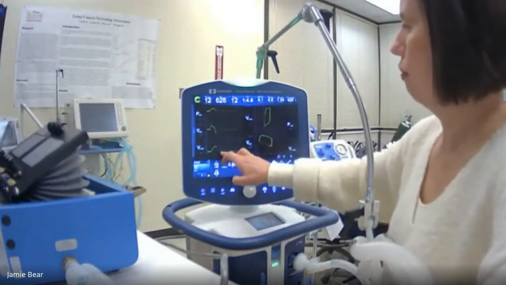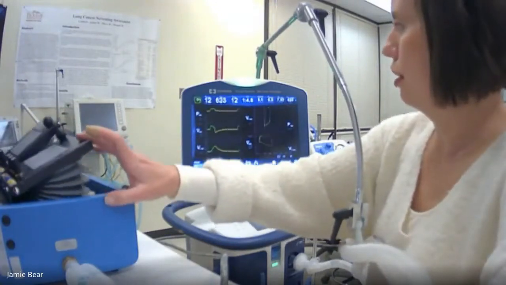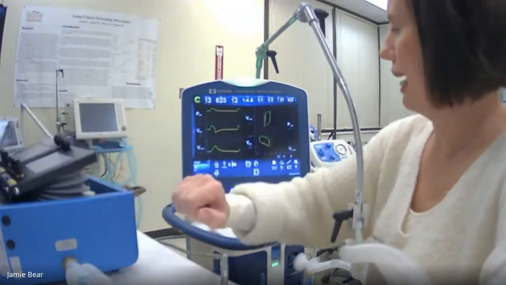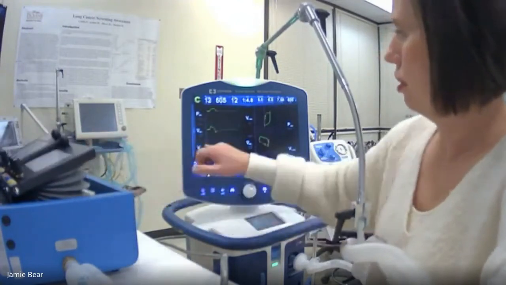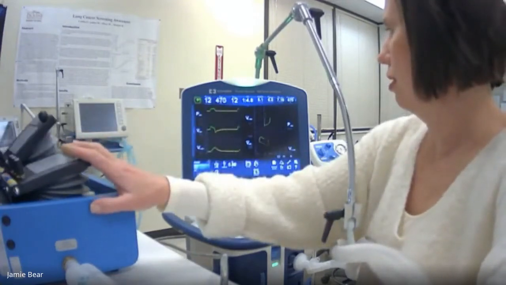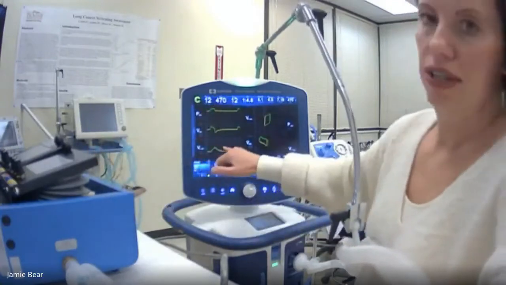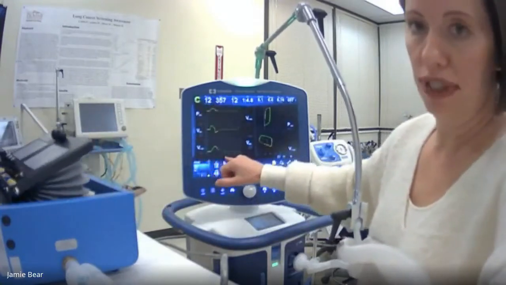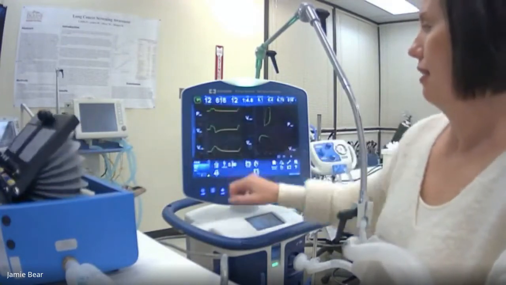Now once again, pressure, flow, volume. If we did change our mechanics a little bit, or had any spontaneous breathing, our volume is what's changing. You can see that one was smaller than what we'd gotten before. So it's the volume that's going to change. Pressure is going to stay consistent.